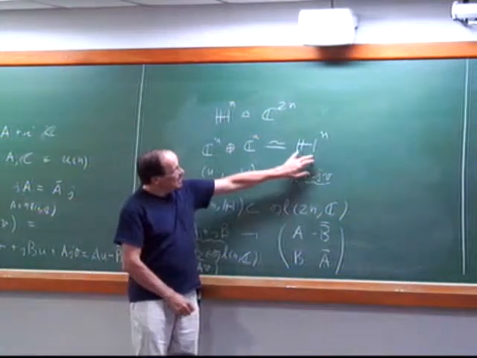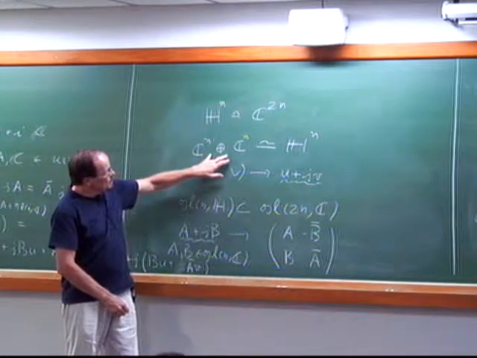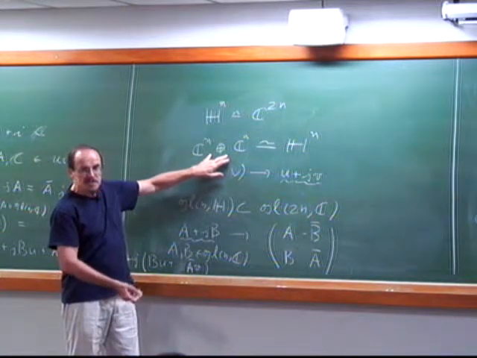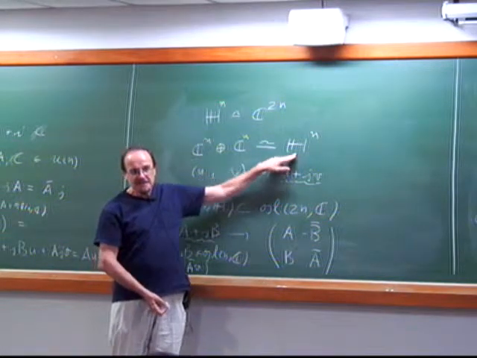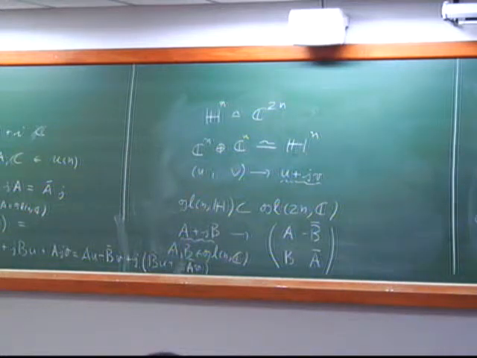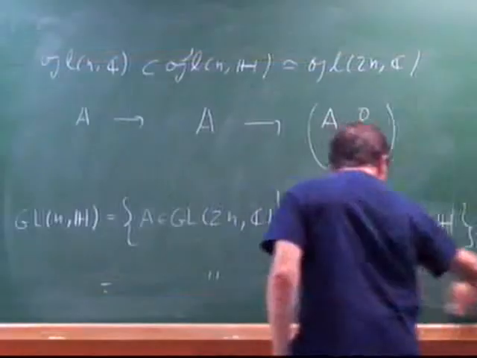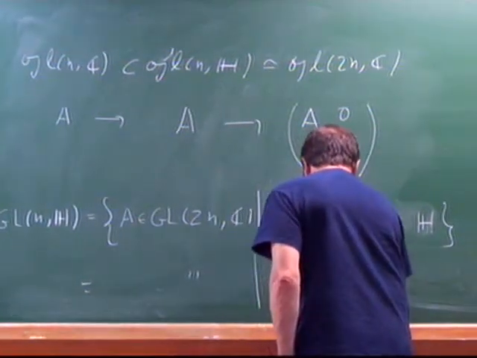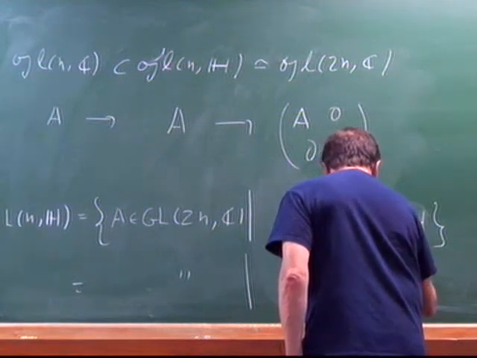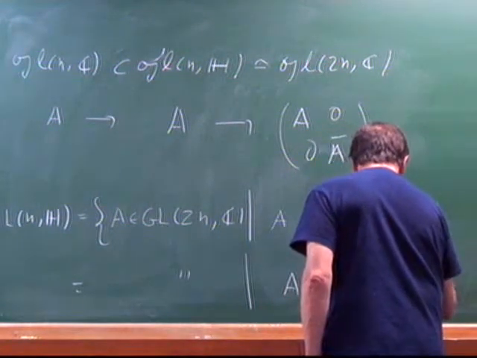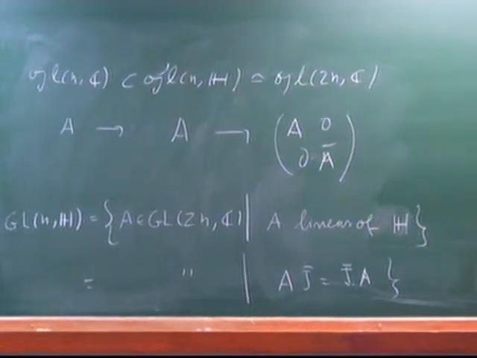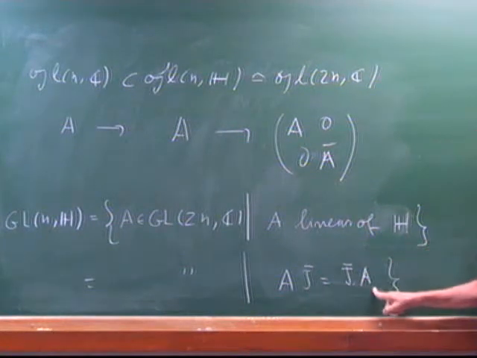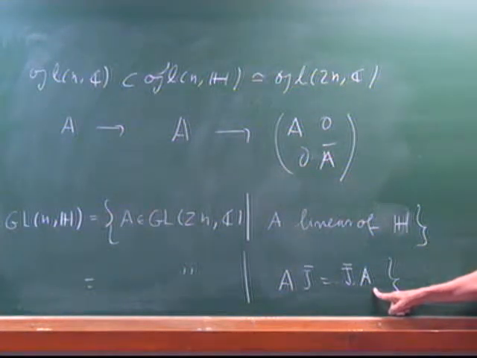So what does it mean to be in GL n H? It means it lies in GL2n C. That's C linear. The only thing that's additionally required is that it's also J linear. Then it's H linear. Right, so this means that I can write this in the following form. A J bar is equal to J bar A. And this is what, because J bar was right multiplication. So this is right multiplication commutes with A. That means linear over H.